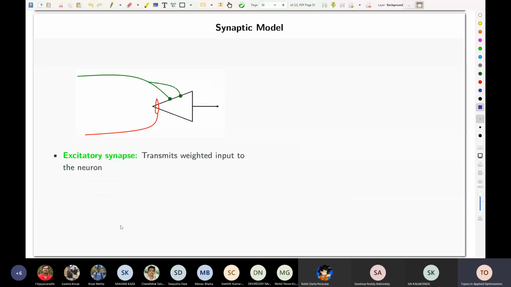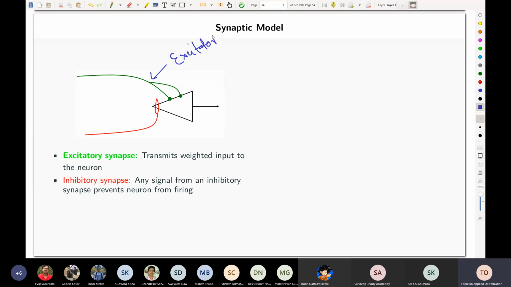Okay, so let us go and build the synaptic model. The synaptic model will look like this: it transmits weighted input to the neuron. This is an excitatory synapse, and this is the so-called inhibitory synapse. Any signal from an inhibitory synapse prevents the neuron from firing.